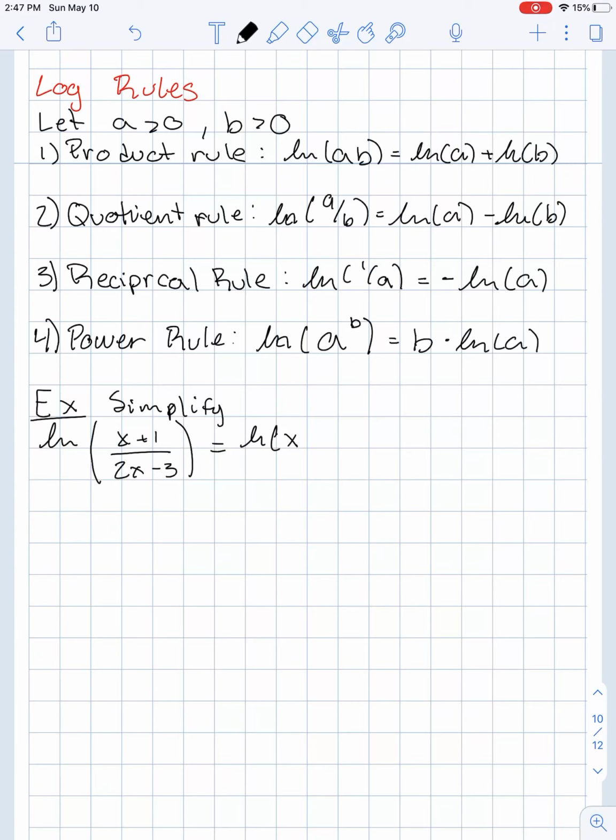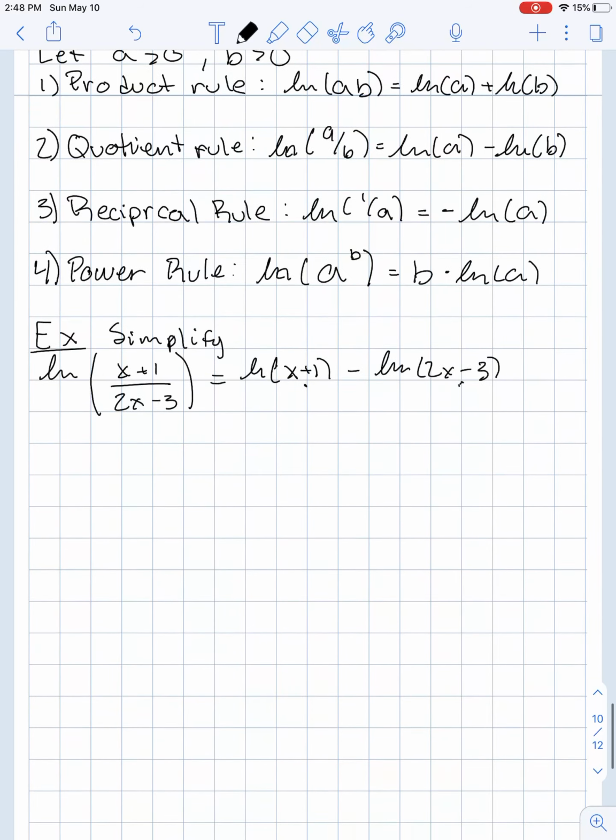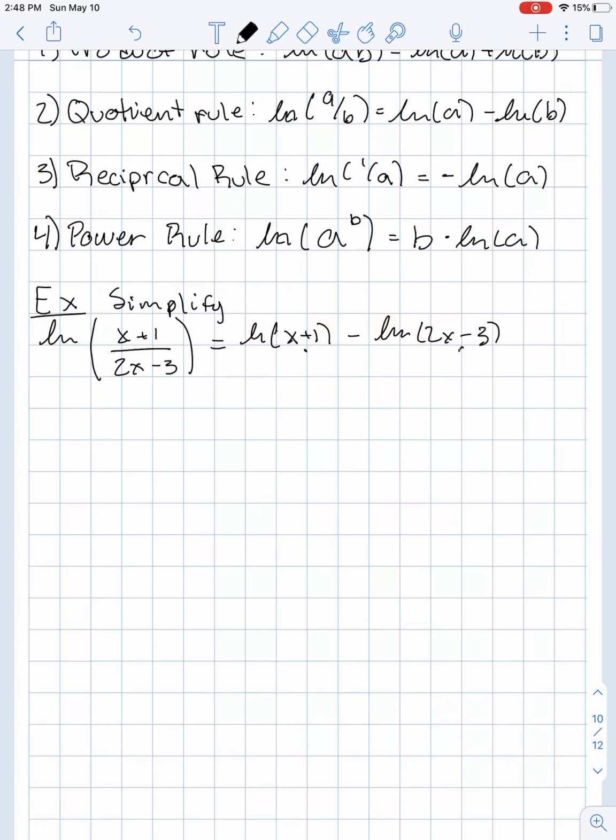Well, the quotient rule says I can subtract the ln of the numerator, x plus 1, minus ln of 2x minus 3, the denominator. Even though these are added inside of the ln, I can't split them up anymore. There's a 2 in front of this x. Oh, they're multiplied together. I can't do that because there's an addition right here. This subtraction and addition kind of stops you from moving on anymore.